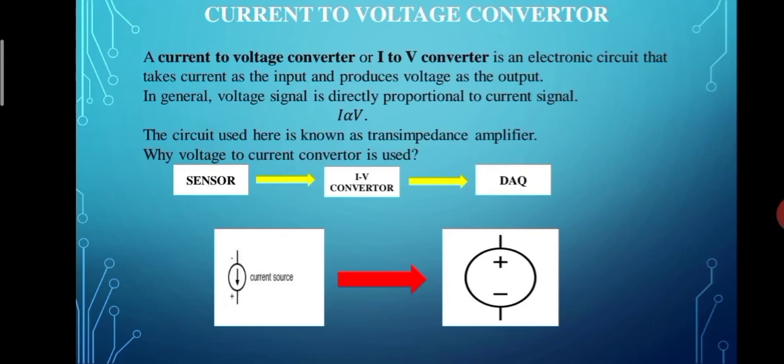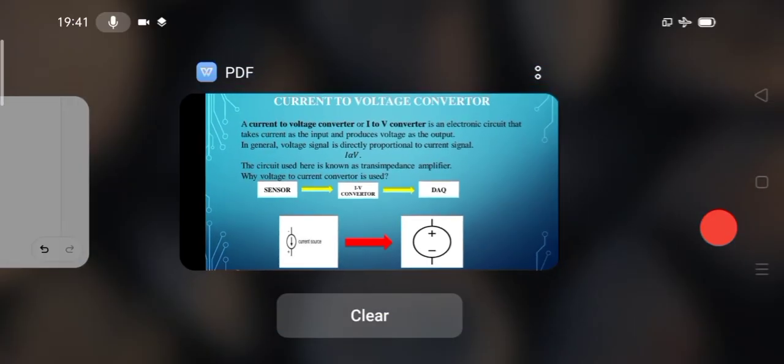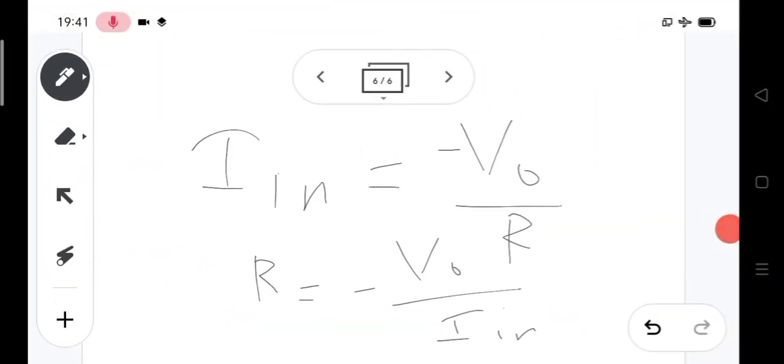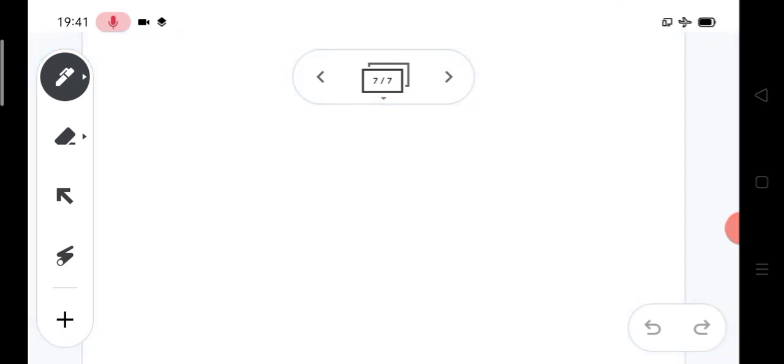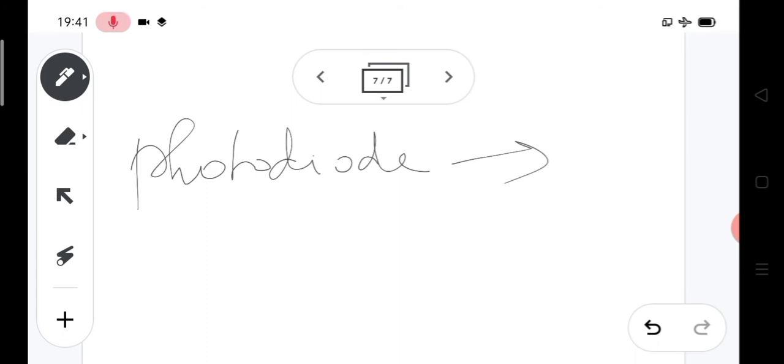Next, current to voltage converter. A current to voltage converter is an electronic circuit that takes current as an input and produces voltage as an output. For example, we may assume that a photodiode is there, which observes current as an input.